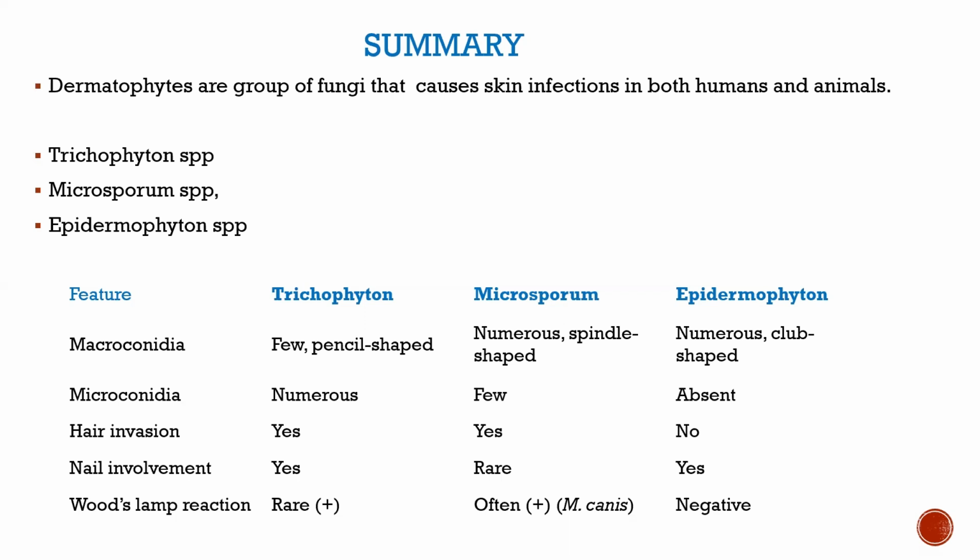It's very rare for Trichophyton to show a positive reaction for Wood's lamp. Microsporum shows a positive reaction, especially Microsporum canis, while Epidermophyton is negative. So this is the summary of everything I've tried to explain above.